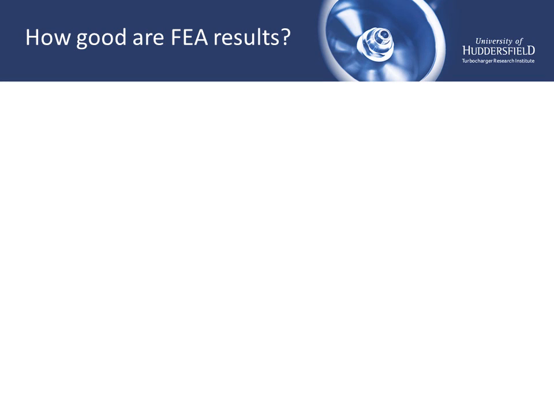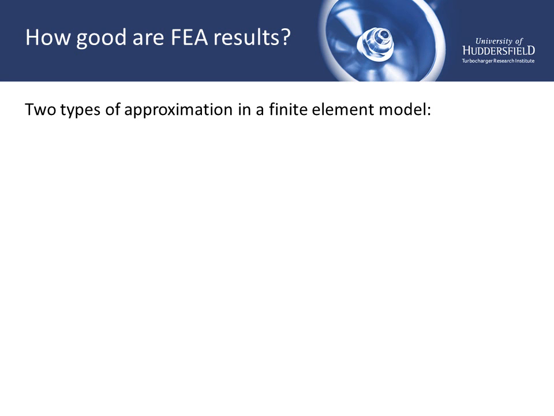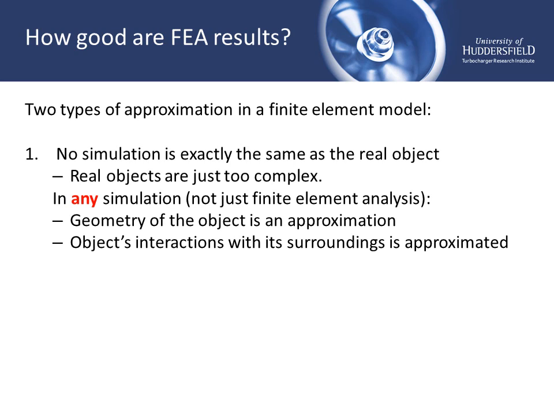Now that leads on to a fairly obvious question, which is how good are FEA results? Well, we need to recognise that there are two types of approximation in a finite element model. The first approximation is an approximation which applies to any simulation.